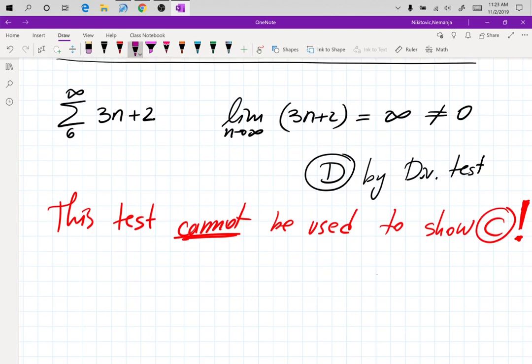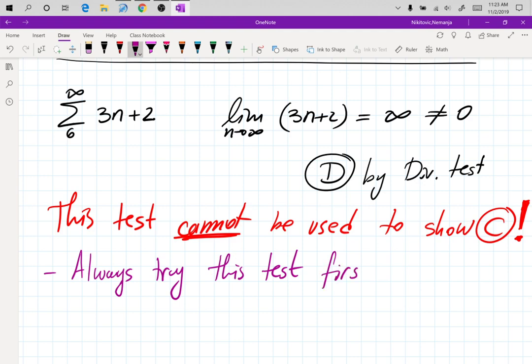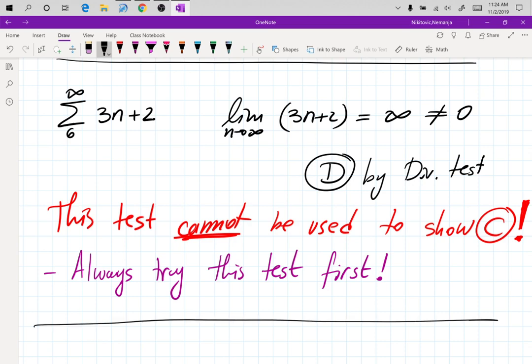The last thing as a note, always try this test first. Remember how we had, and will have, that talk again for integrals? Always try u-sub first before you go into trig sub or any other crazy method of integration, because that's the cheapest and the fastest method.